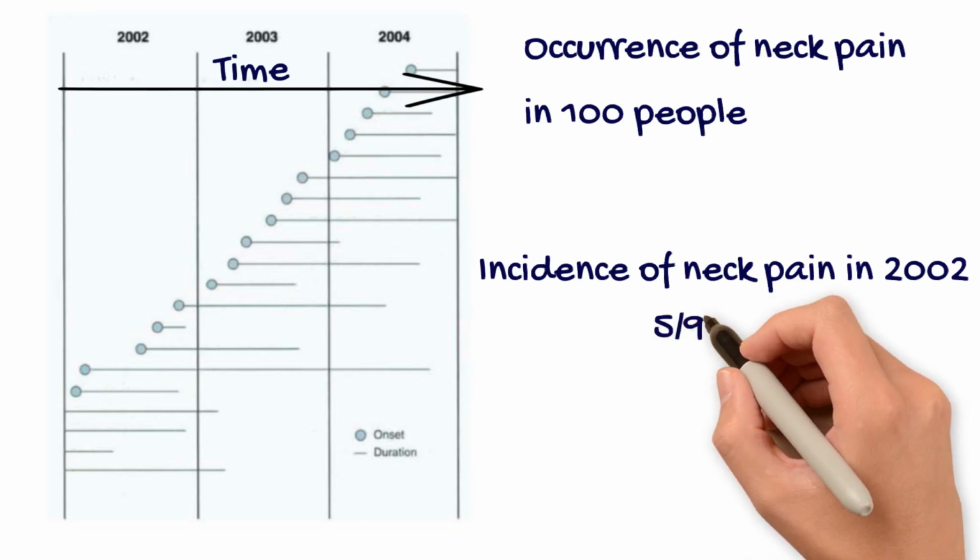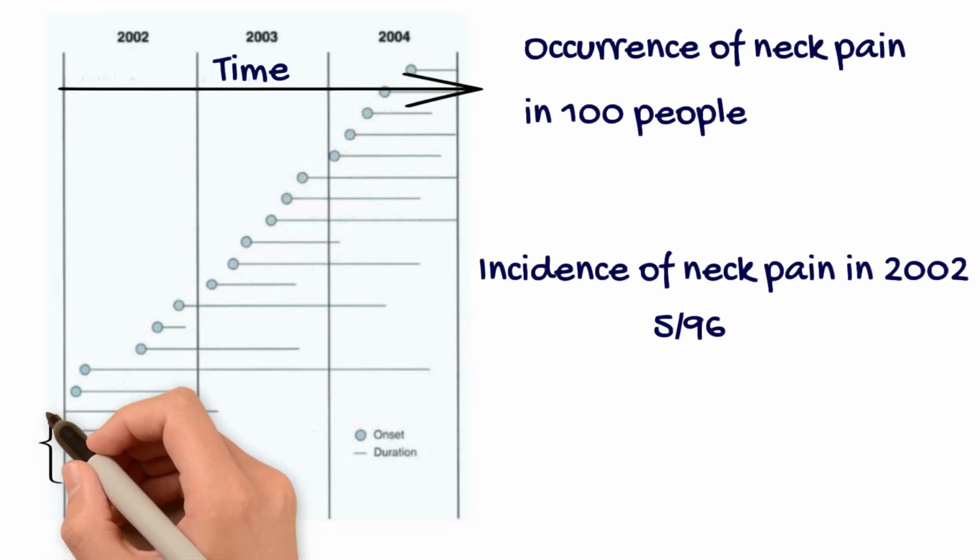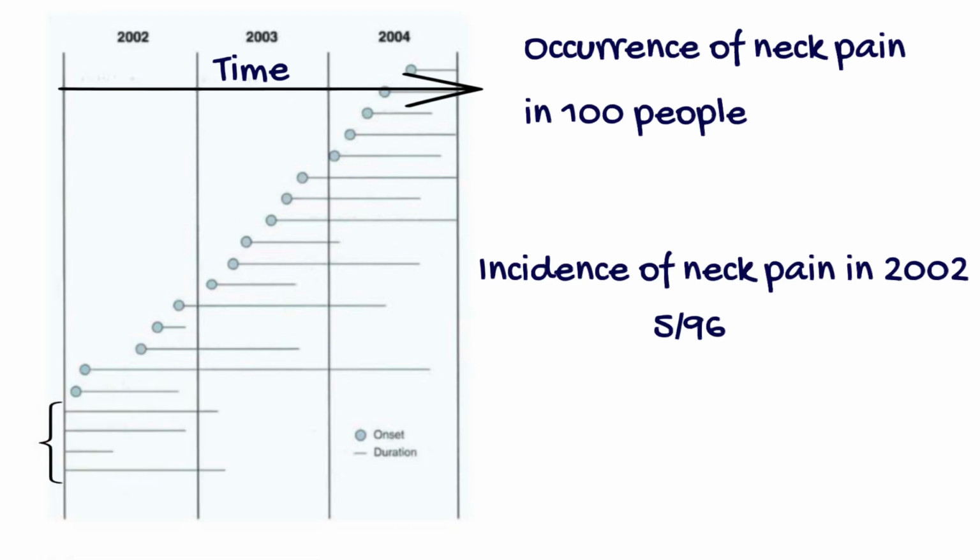So how did we get a denominator of 96? Since there were 4 people with existing neck pain before 2002, the number at risk at the beginning of 2002 is 96.